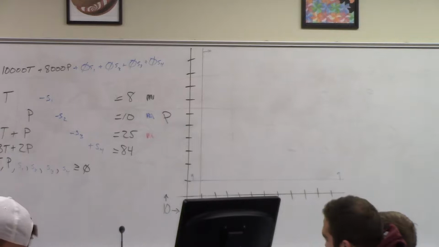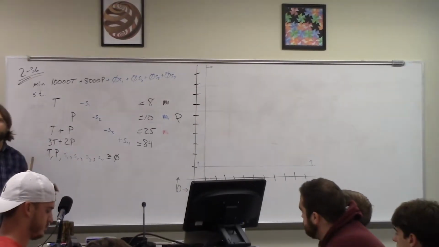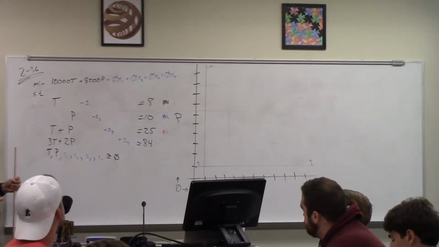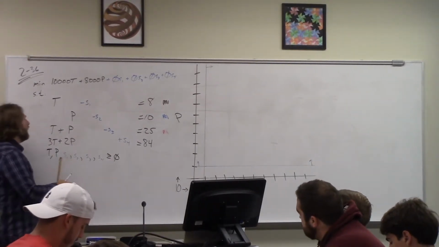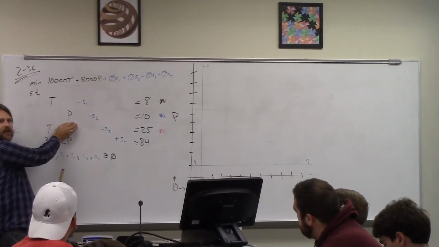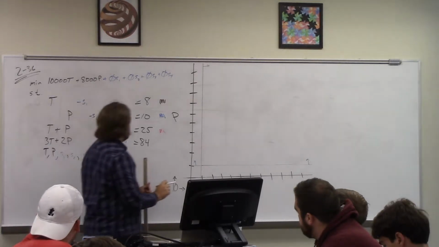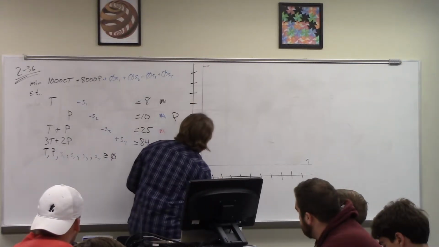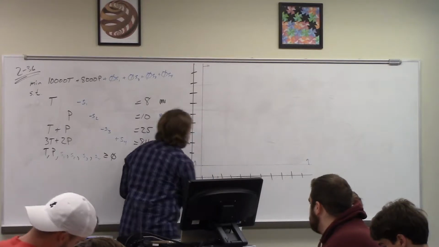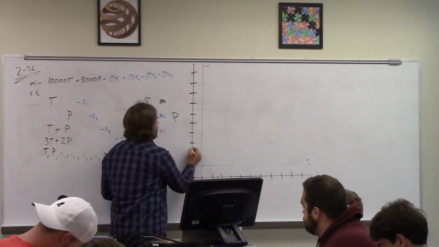All right. T plus P is greater than or equal to 25. So if P is 0, T is going to be 25. So 10, 25 right here. And the same is true, right? If T is 0, then P is going to be 25.